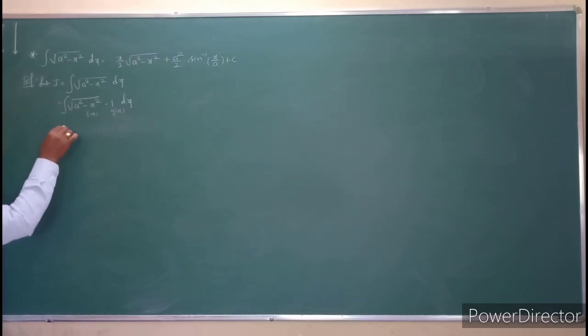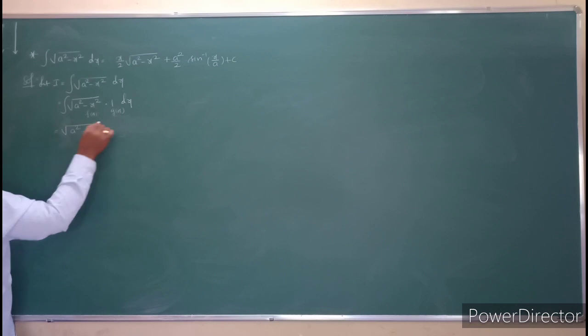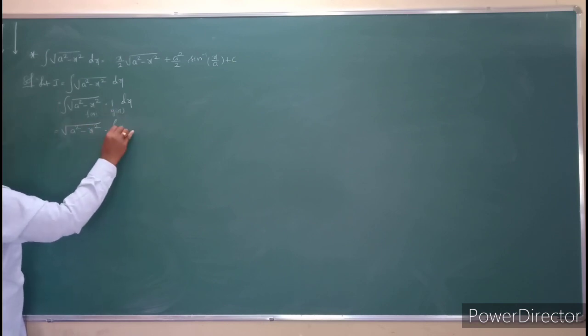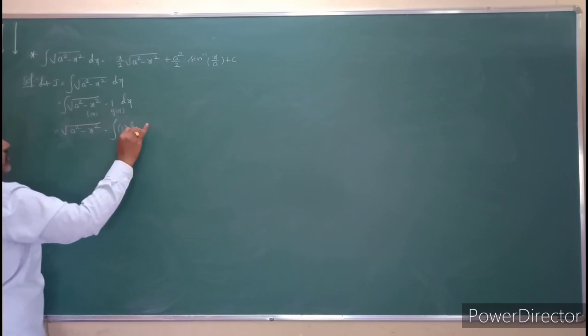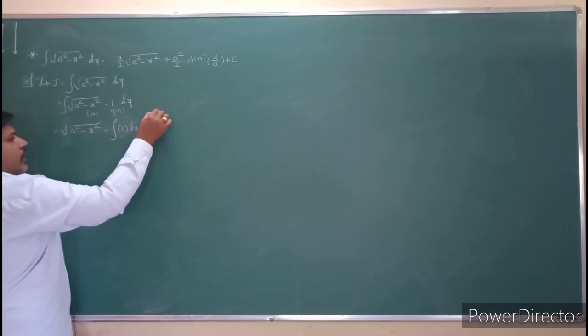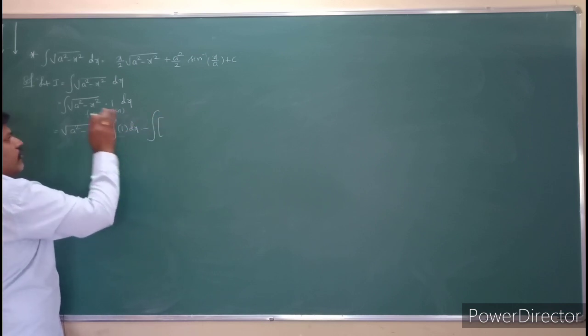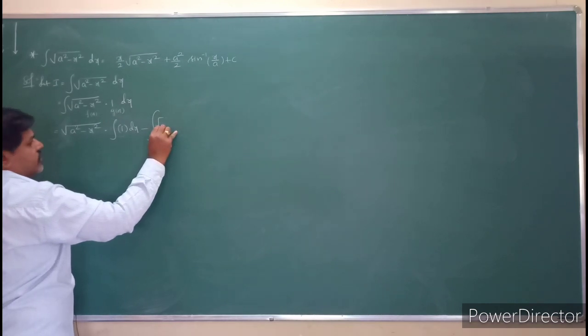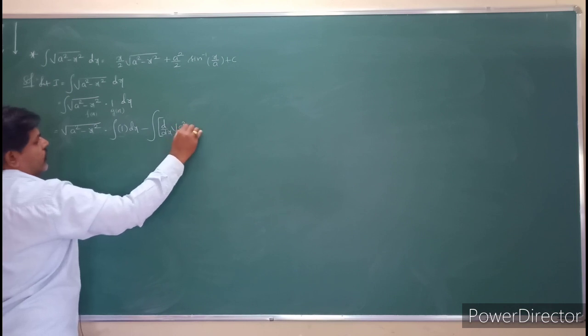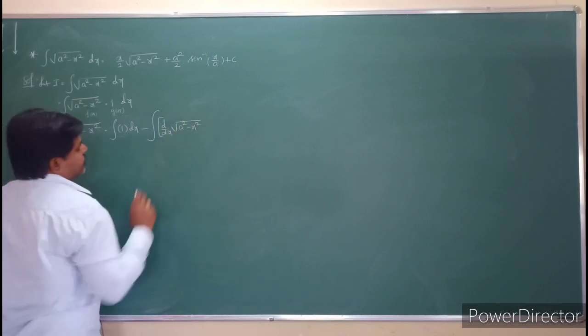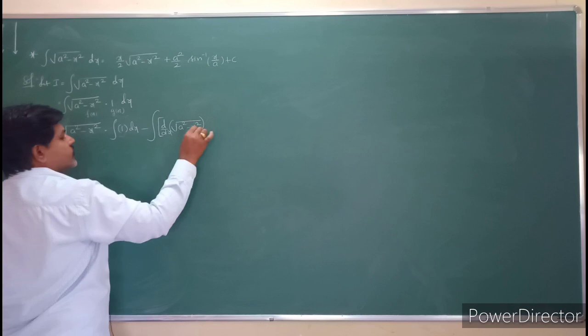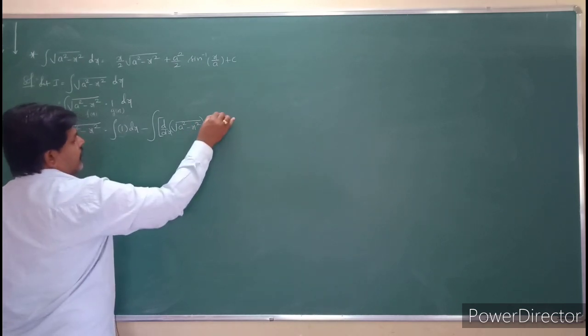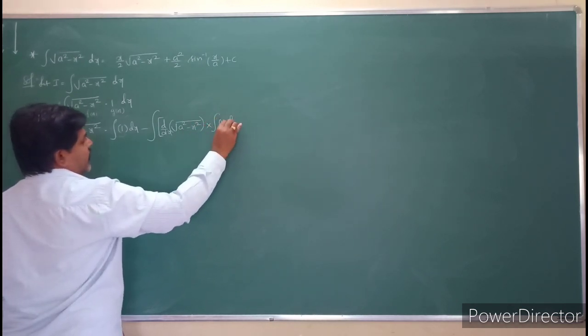So that is equal to integral, f of x is nothing but root of a square minus x square, into integral of g of x, which is 1 into dx, minus integral of the derivative of the first function, that is the derivative of root of a square minus x square, into integral of the second function, integral of 1 into dx.